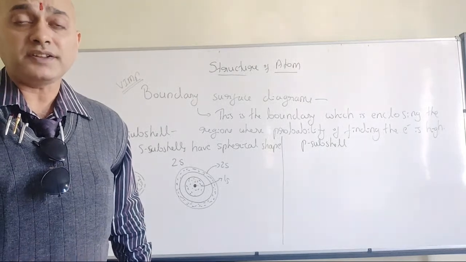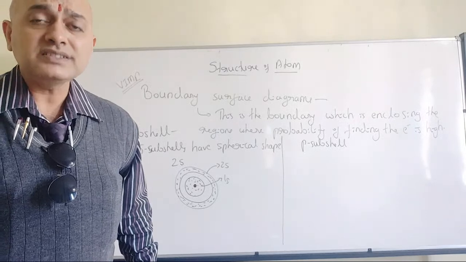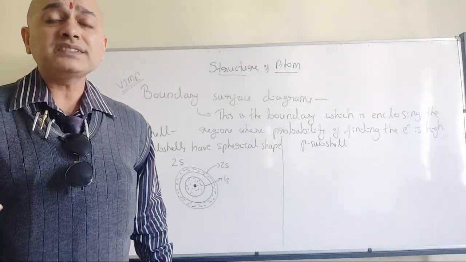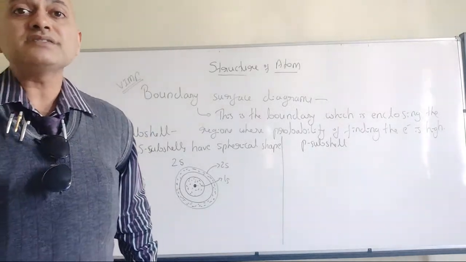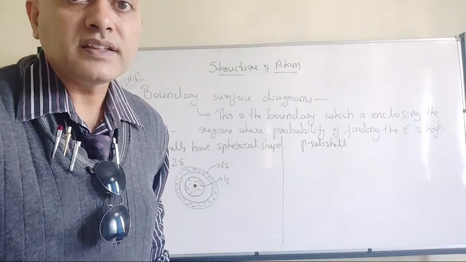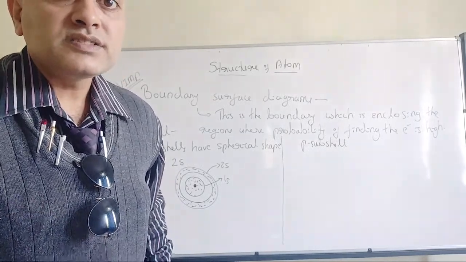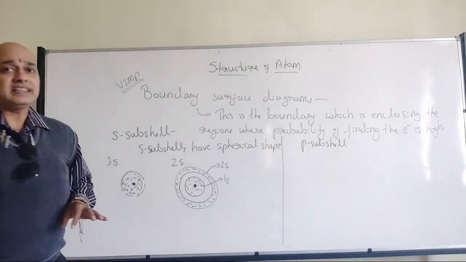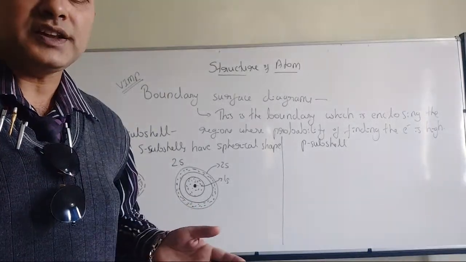The dots are not indicating electrons, they are nothing but our imagination, representing the region where the probability of finding the electron is very high. So that's what all of you should understand here: subshells are nothing but our representation.